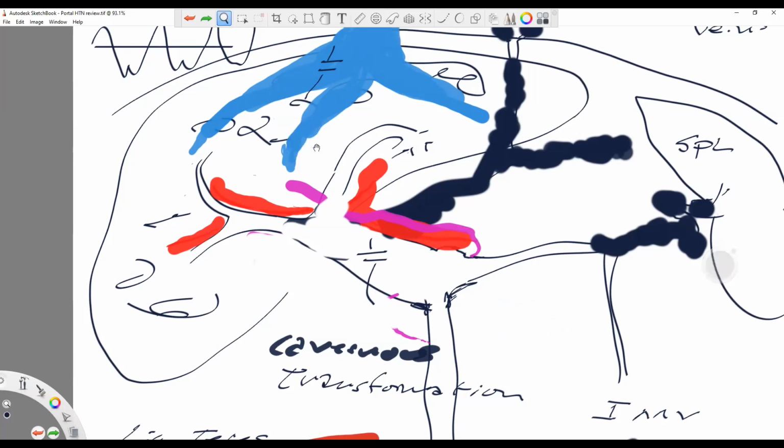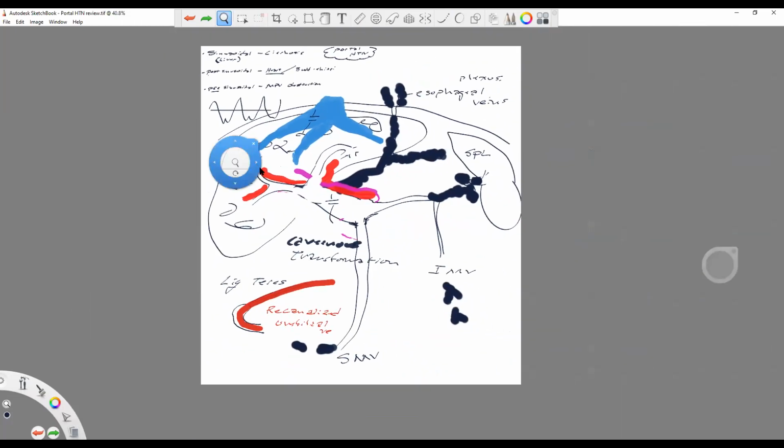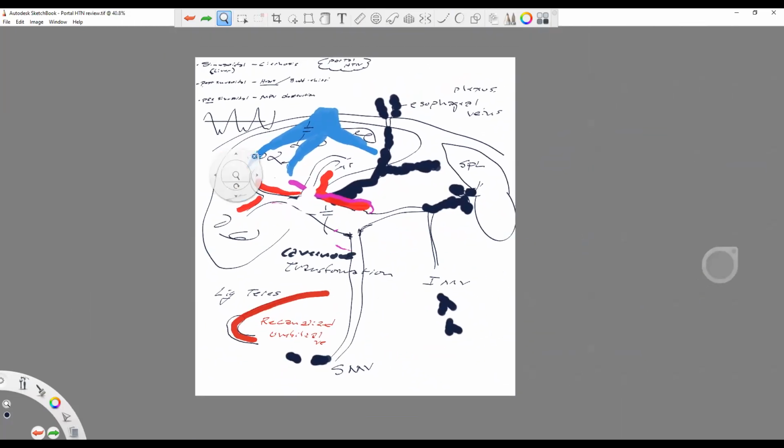Okay. I think that's all I want to talk about with portal hypertension. Sinusoidal, basically cirrhosis. It is the liver itself is not accepting blood from the portal vein because it can't.